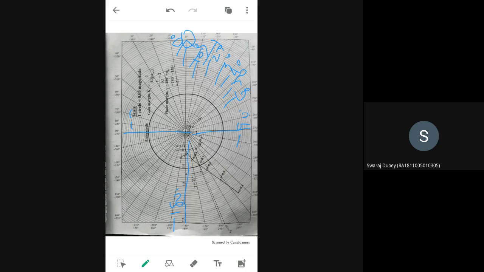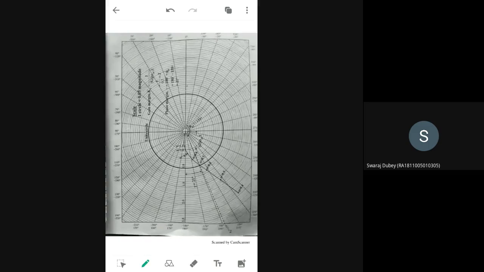In which direction will I take negative angles, clockwise or anti-clockwise? Clockwise. Always negative angles clockwise. Here you will have 0, here minus 90, here minus 180, here minus 270.